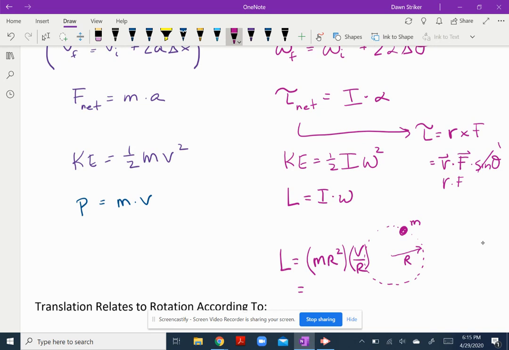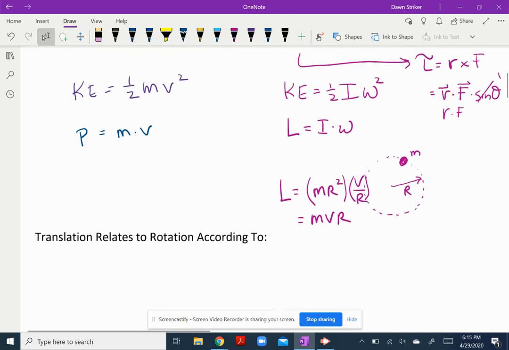And so that simplifies to mvr. For planets moving around the sun, if the radial distance goes up, the velocity goes down. mvr is the angular momentum for a point mass moving in a circle. All right. So those are important quantities for translation and rotation.